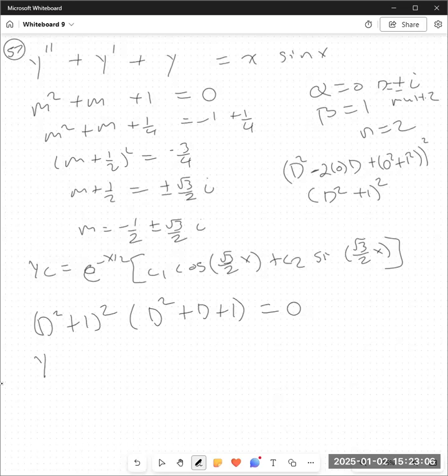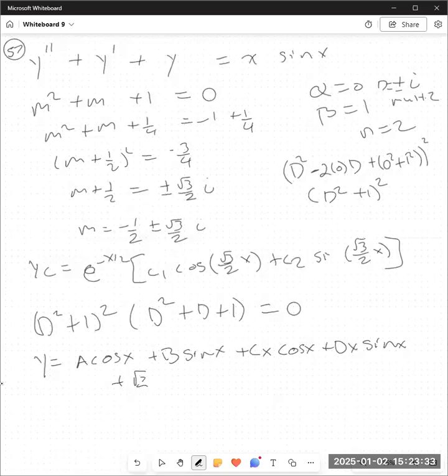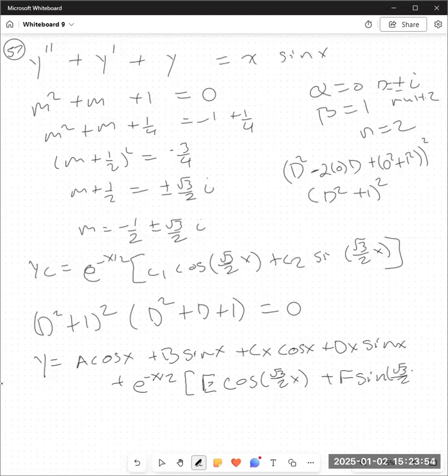So that's where that comes from. We're going to get y equals a cosine of x plus b sine of x plus cx cosine of x plus dx sine of x plus e to the negative x over 2 times e cosine root 3 over 2 x plus f sine root 3 over 2 x.